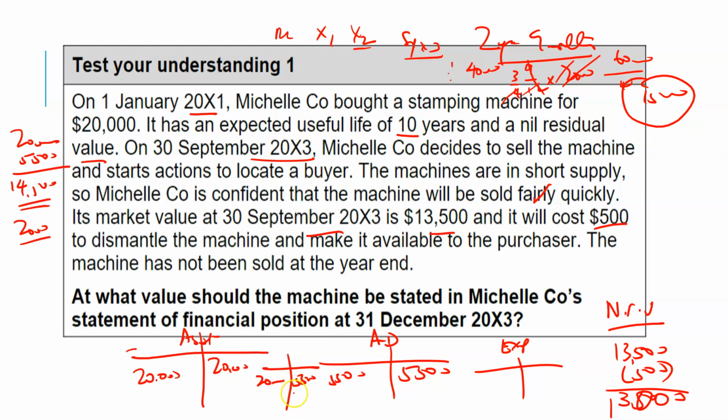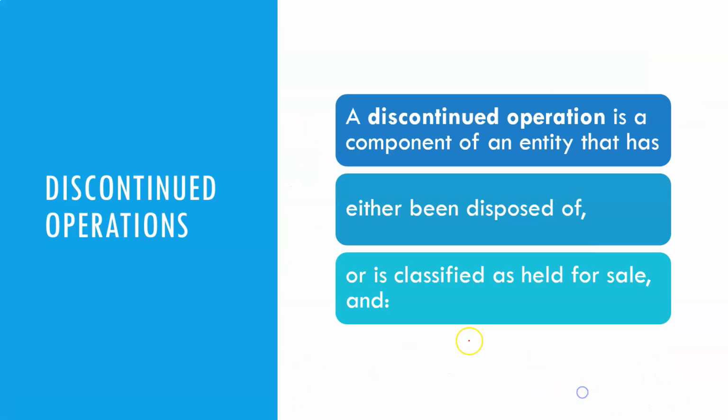Recognize the additional expense of 1,500. Expense 1,500, and that's now sitting in there at 13,000. Well, not disposal, just a current asset held for disposal. I'll just call it that. That would be your way of dealing with that. So you'll recognize it at 13,000. That's the answer.